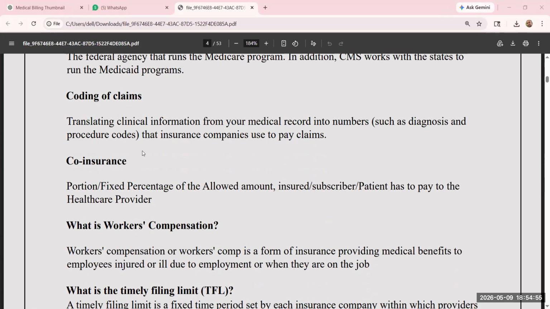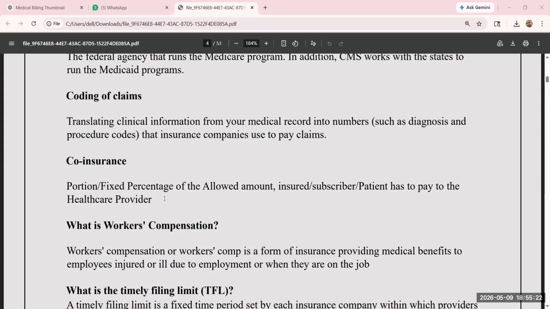So we'll discuss co-insurance. Co-insurance is a fixed percentage of the allowed amount that the insured, the subscriber or patient, has to pay to the healthcare provider. When any service is taken, the patient gives some amount.